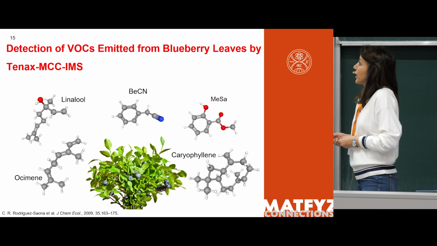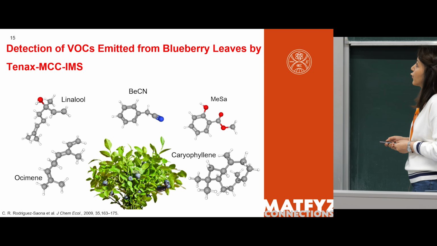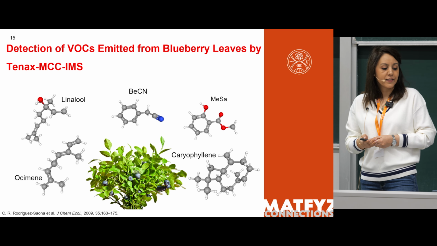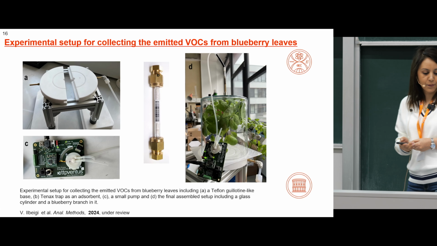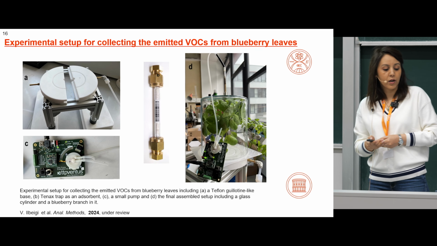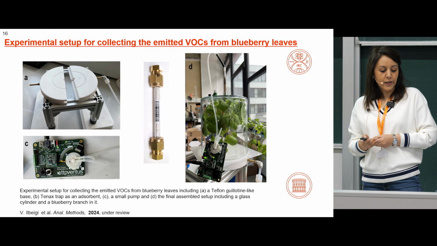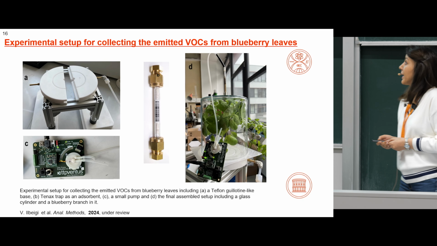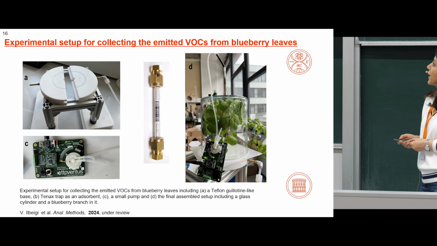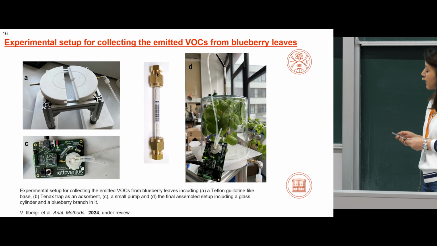In another project, we detected VOCs emitted from blueberry leaves by Tenax-MCC-IMS. We designed and developed this setup for collecting the emitted VOCs from blueberry leaves. The blueberry plant was placed in the glass chamber, and the emitted VOCs were collected by Tenax trap.